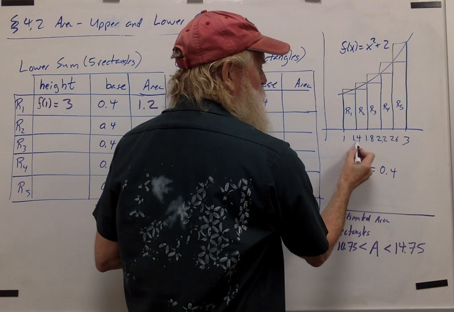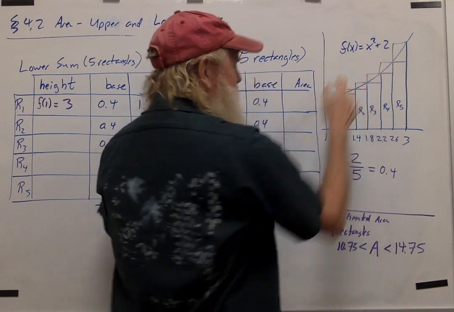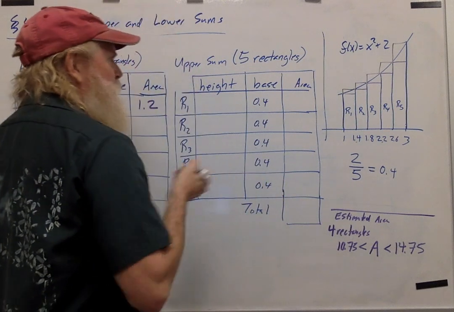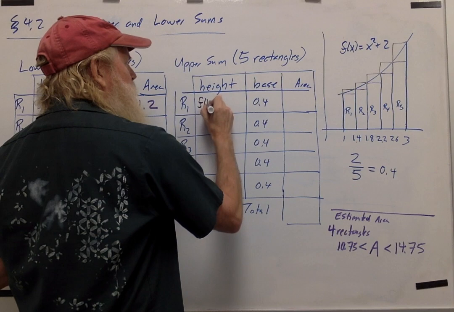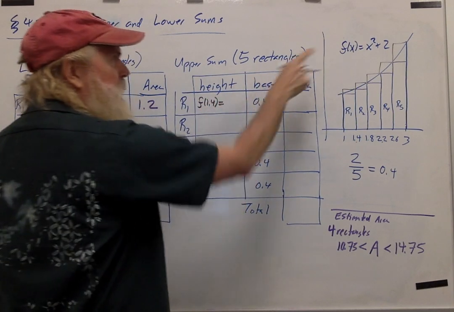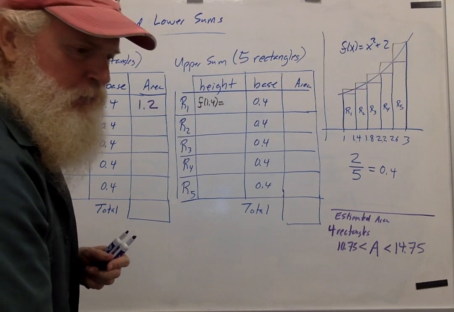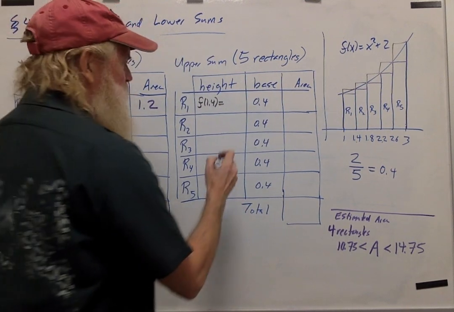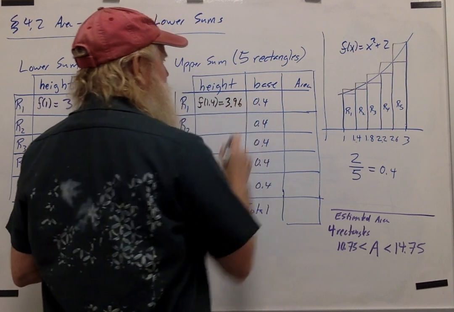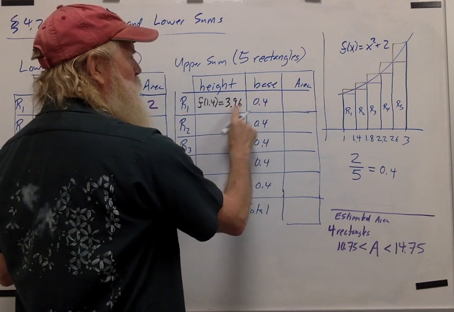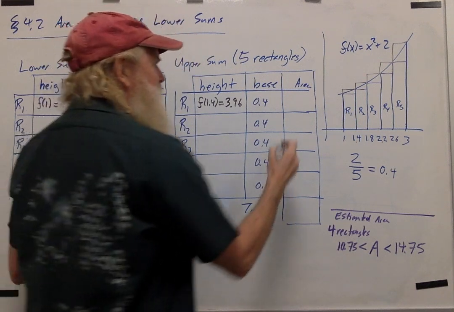I get the height at the right endpoint by substituting 1.4 into this function. So the height of rectangle 1 is f of 1.4. If you substitute 1.4 into x squared plus 2, you get exactly 3.96. And the area will be 3.96 times 0.4, so 1.584.